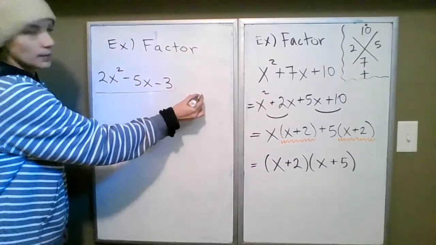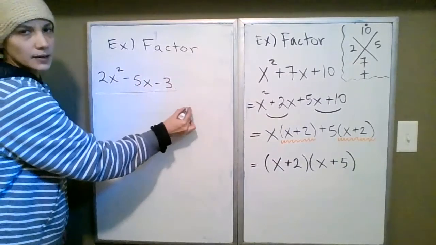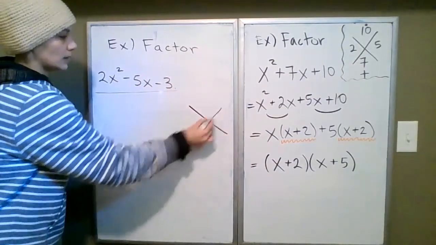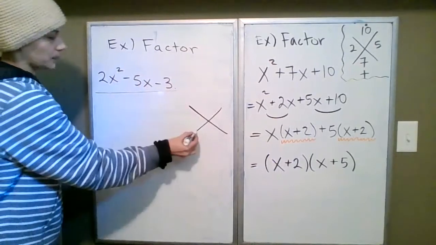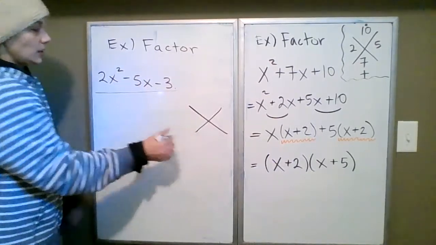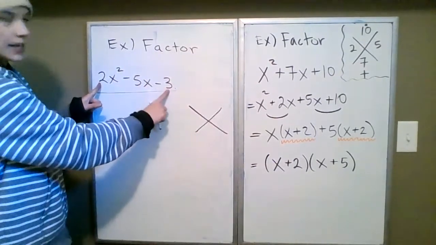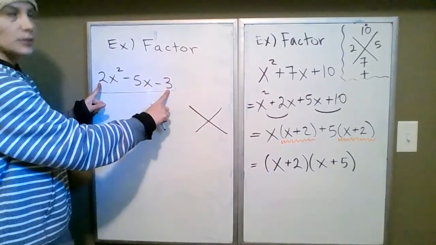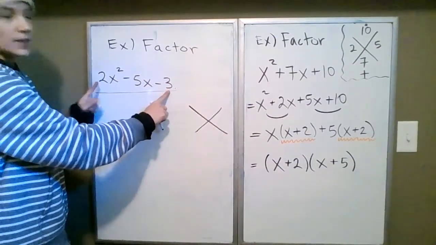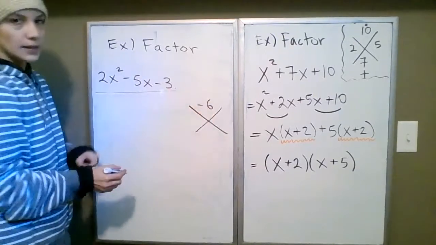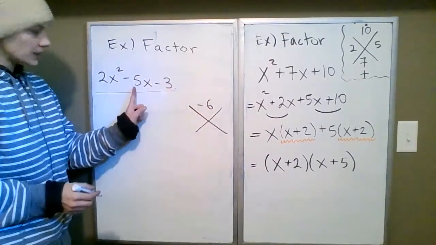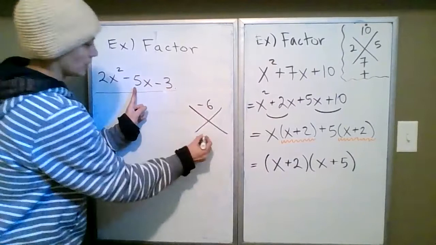I think I'm going to do my diamond somewhere over here. So you put the first number and the last number multiplied together, which would be 2 times -3. It's -6 on the top. The middle number goes on the bottom, -5.